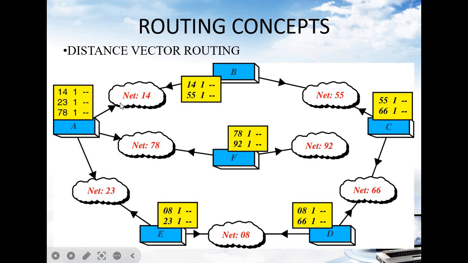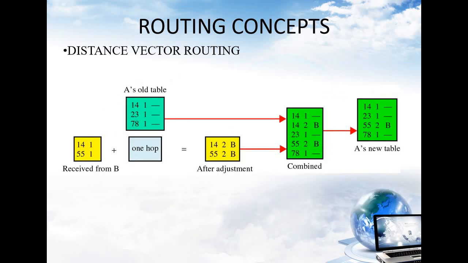Similarly B, C, D. In E, the network IDs are 8 and 23. Next we are going to calculate the hop count. This is the distance vector routing concept diagram. Hope you can all follow this.